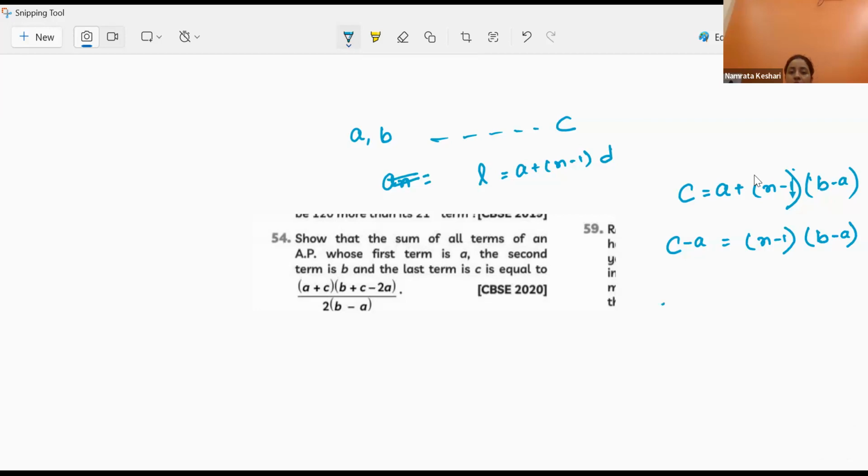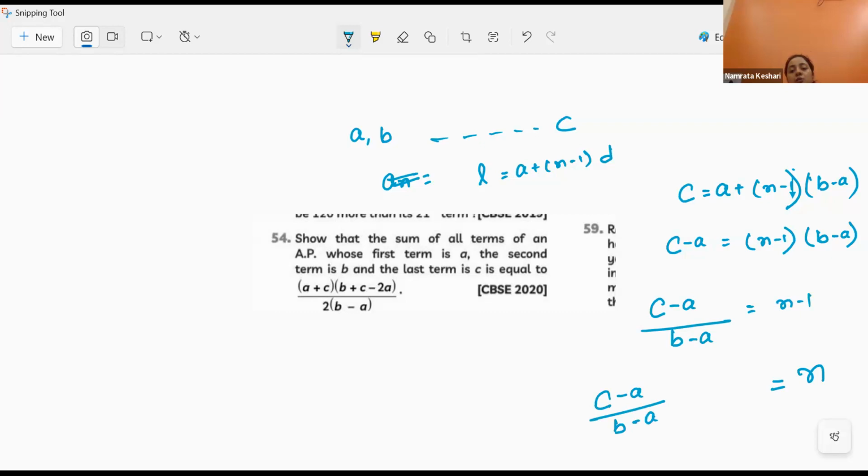Yes, ma'am. That means we have C minus A by B minus A, that is N minus 1. We want to find N, we want to isolate N on one side of the equals sign. One we will be bringing to this side. The calculation can be trickier, but this is the only way we can do it.